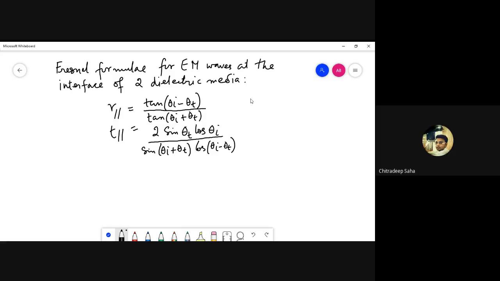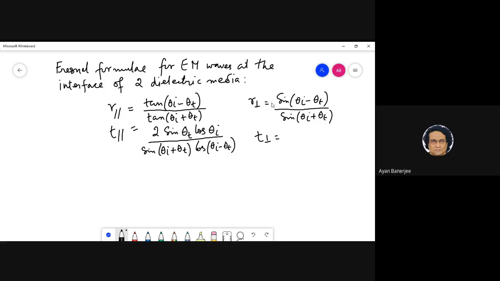I'm happy. And R perpendicular is sine theta I minus theta t by sine of theta I plus theta t, and t perpendicular is, the minus signs.